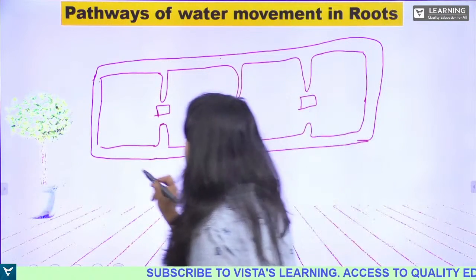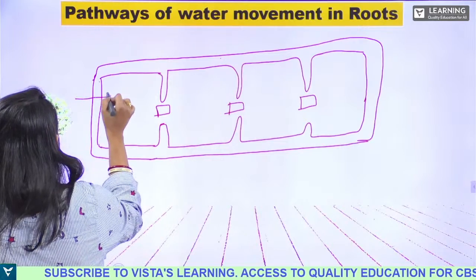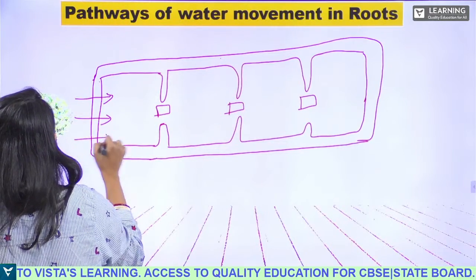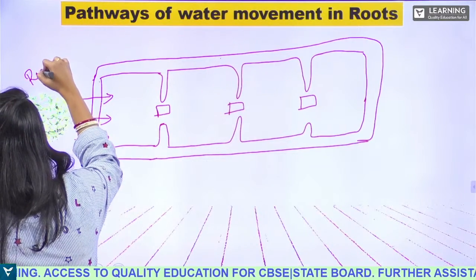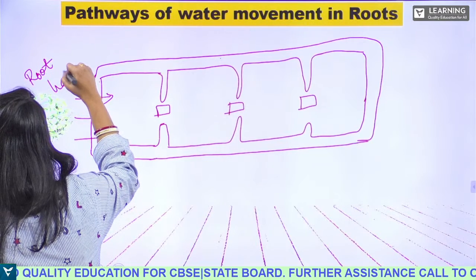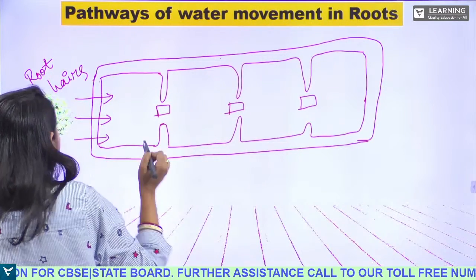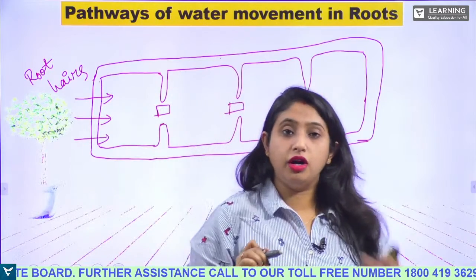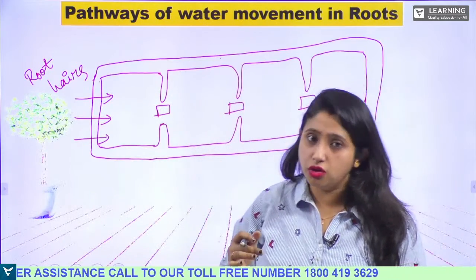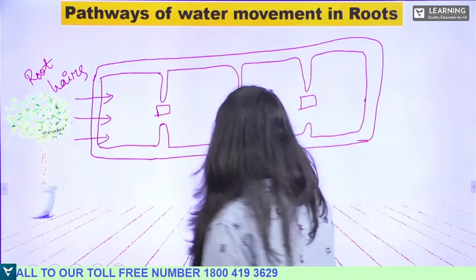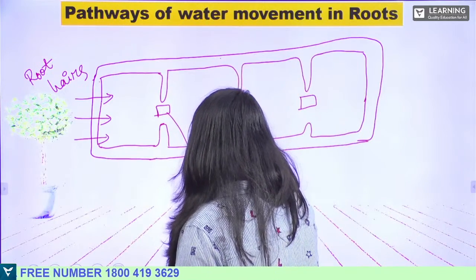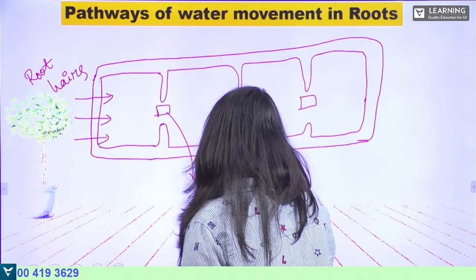Now the water or the molecules will be moving through the root hairs. Here the root hairs are present. It will move inside the roots through the root hairs, right? So see, this is plasmodesmata.